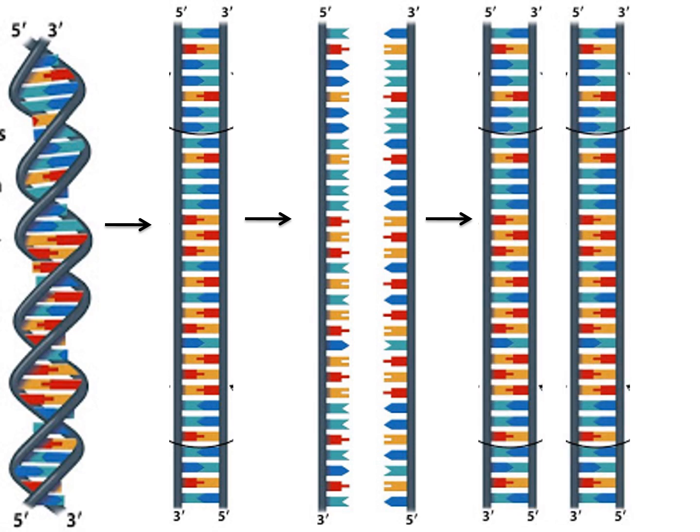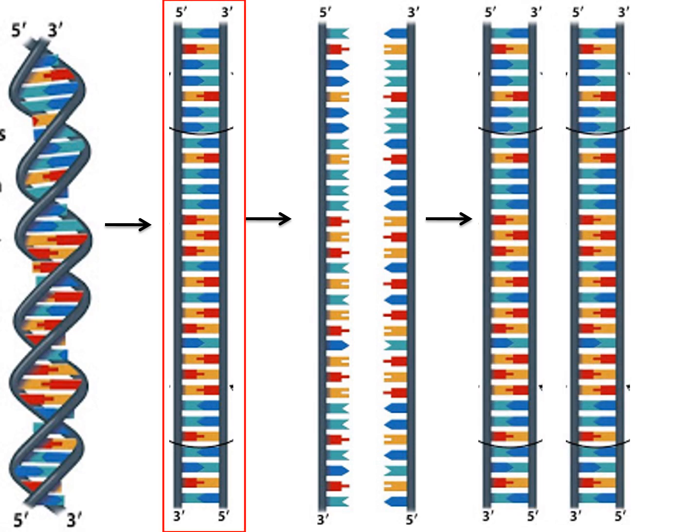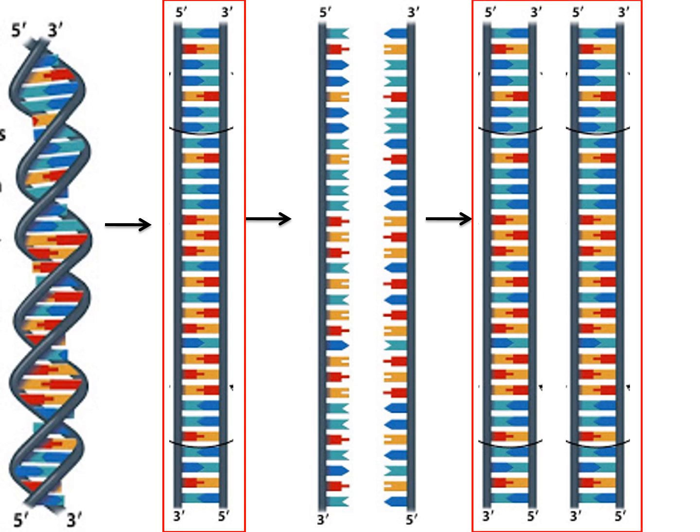So if you see here what has happened, from one DNA molecule we have got two DNA molecules. This is called DNA replication. These new DNA molecules will be used up in the new cells which are being made. This process of copying the DNA is called DNA replication.